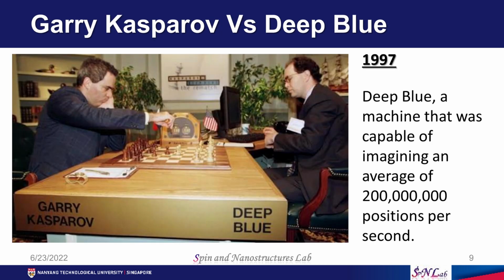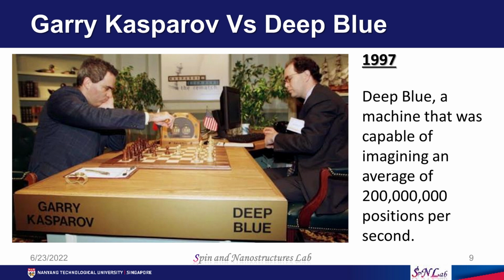Going back to the event in 1997, which I described as the competition between Gary Kasparov and the Deep Blue supercomputer, I told you that the Deep Blue computer beat Gary Kasparov. Until then, computers couldn't beat humans. Only in 1997, the computers beat humans in chess.